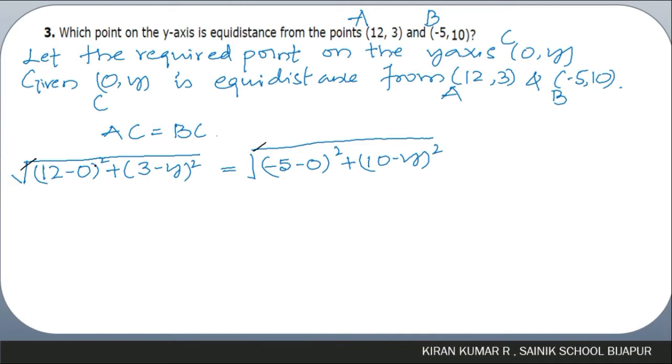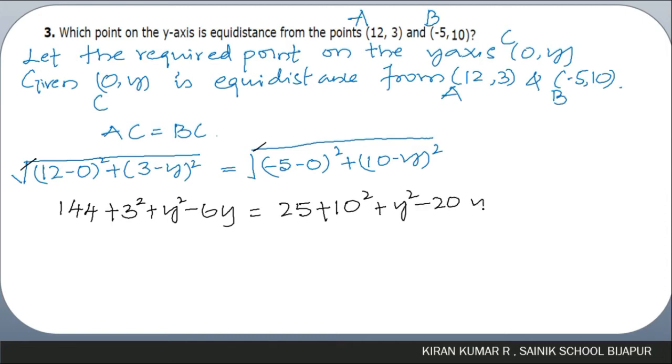12 minus 0 is 12, 12 square is 144, plus 3 minus y whole square should be treated as a minus b whole square. So 3 square plus y square minus 6y, which is equal to negative 5 square, which is 25. Again, you'll make use of the a minus b whole square formula. So 10 square plus y square minus 20y. Let us further simplify this.